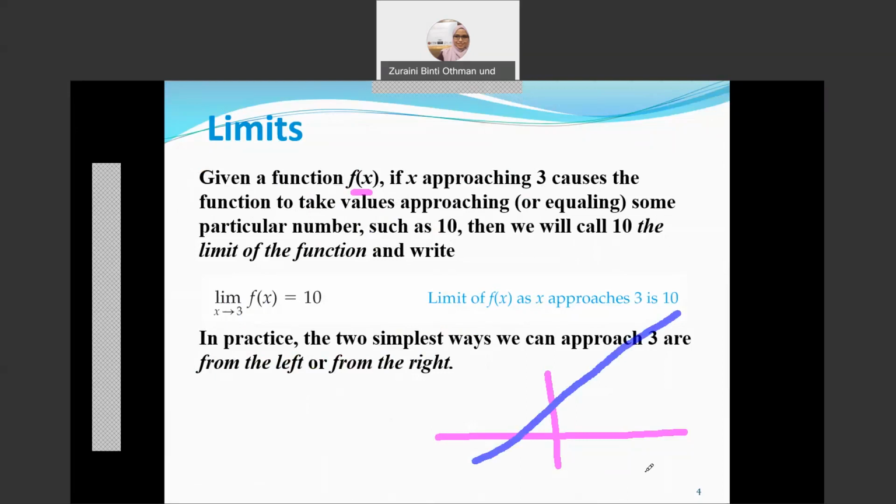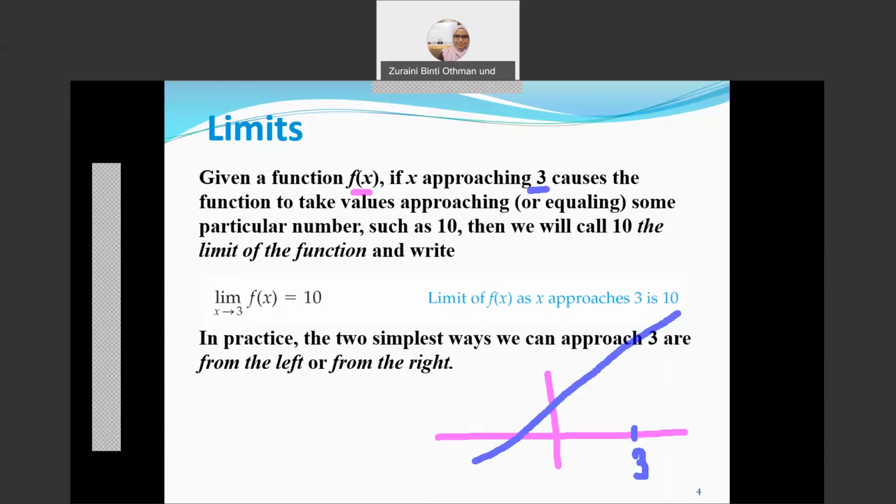This is linear graph, and this is 3. If x approaching to 3, maksudnya x dia menghampiri 3, causes the function to take value approaching or equaling some particular number such as 10, then we will call that 10 is the limit of the function and write it as limit x→3 f(x) is equal to 10.